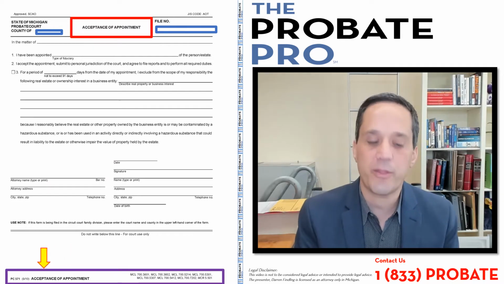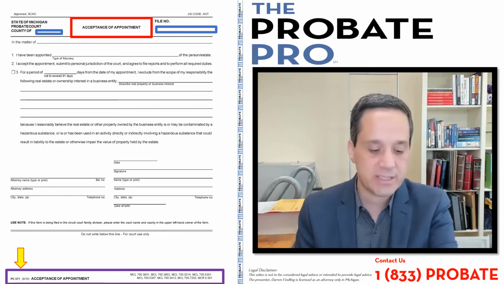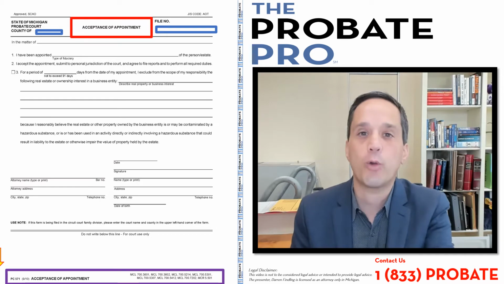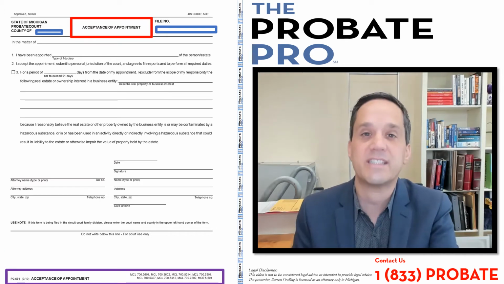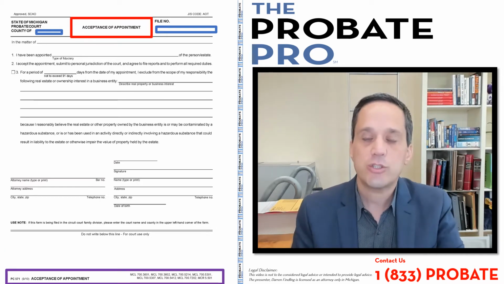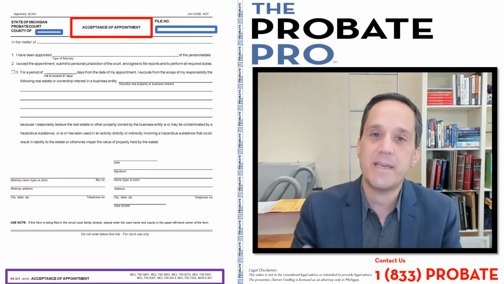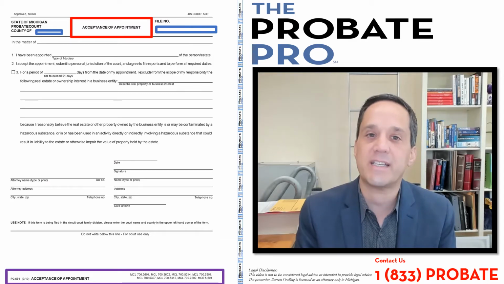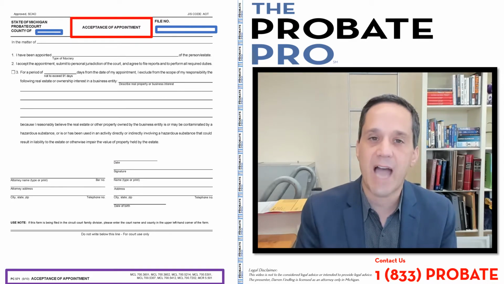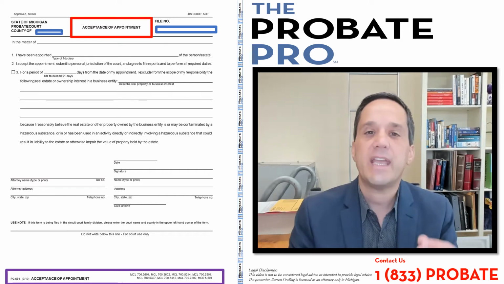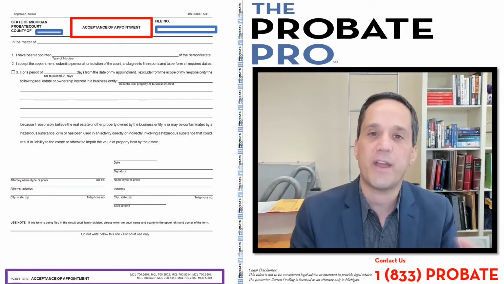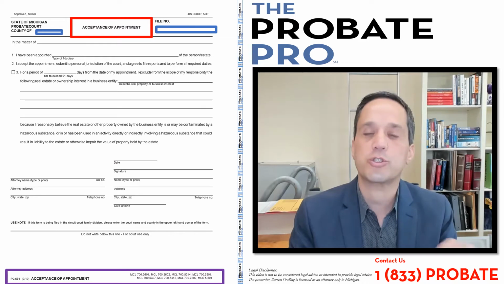MCL 700.3601 is the general statute that talks about before receiving a letter of authority in a deceased probate estate. So this is a probate administration. The personal representative that has been nominated or appointed by the court will qualify by filing of an acceptance of appointment. This is the document that's used to do so. In addition, the personal representative can exclude from the scope of their role to administer certain assets.